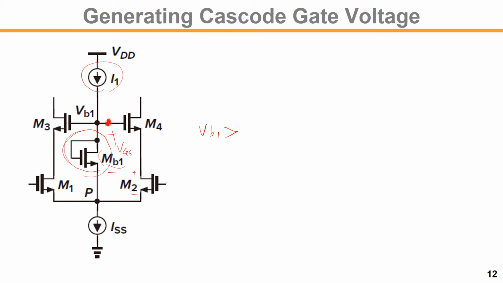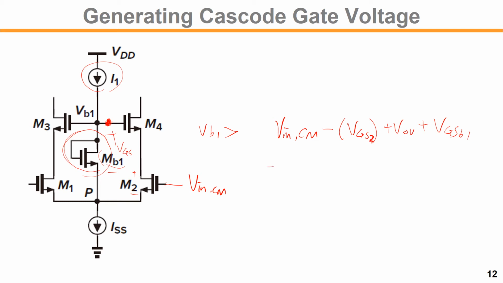So we have two, so the minimum will be, let's say, input V in CM, starting from input CM, so minus VGS, right? And plus overdrive and plus VGS. That would be the V1 and VGS2, let's say. That should be the limit.